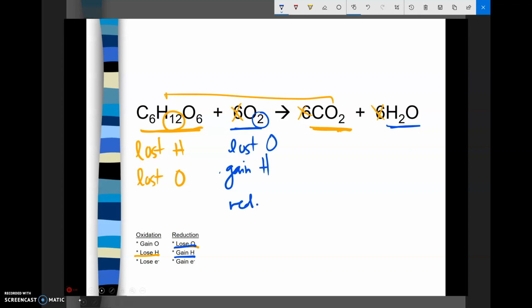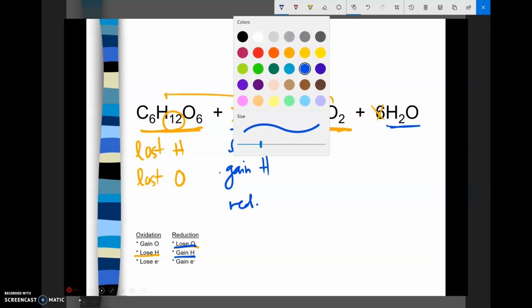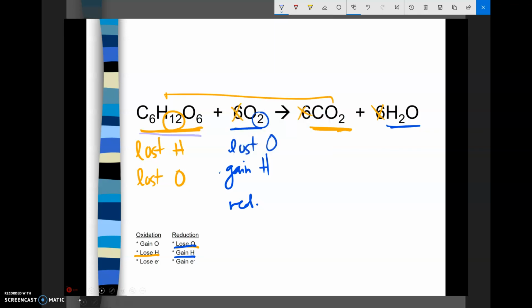Okay, and then let's go back to the glucose. This is still a problem because lost hydrogen is oxidation, lost oxygen is reduction, and we can't have conflicting viewpoints. So with something like this, what you have to do is ratios. If you look right here at the C6H12O6, notice how we can reduce those subscripts.